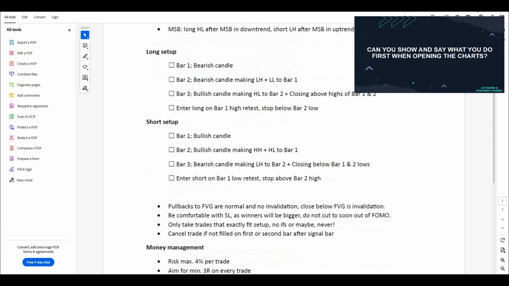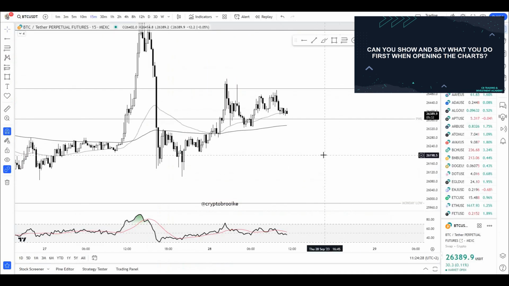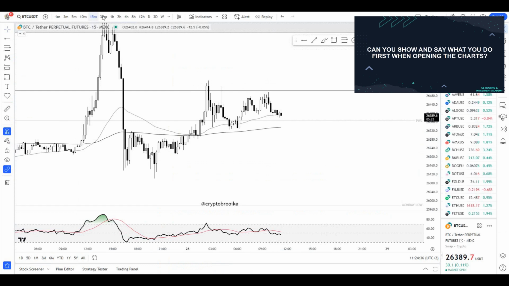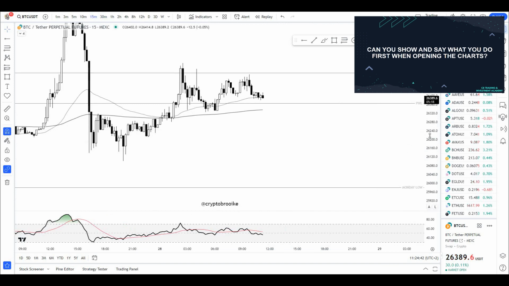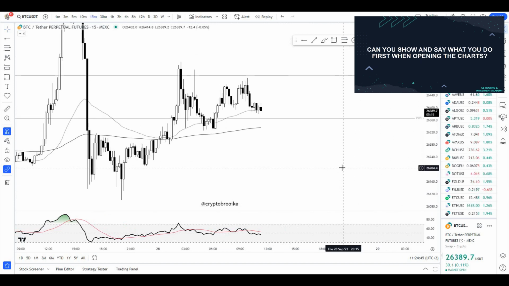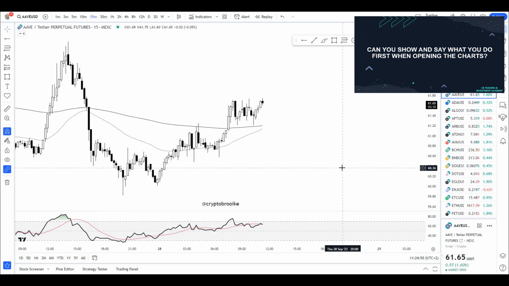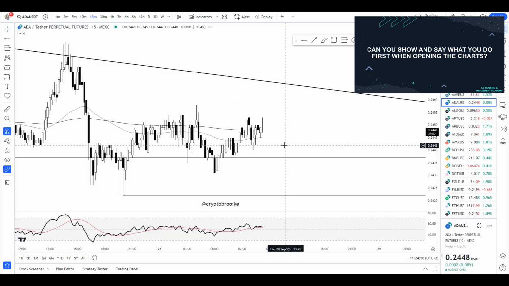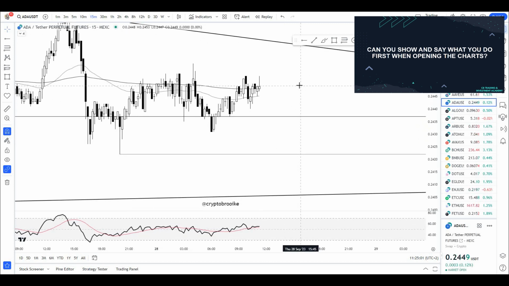So with that in mind, I then go to the charts. And what I usually do is I just start scrolling through, and as I tend to look on the 15-minute, I look for the start of a 3-bar reversal setup. I would be looking for a bullish candle or a bearish candle making a higher low, or a lower low, or a higher high.